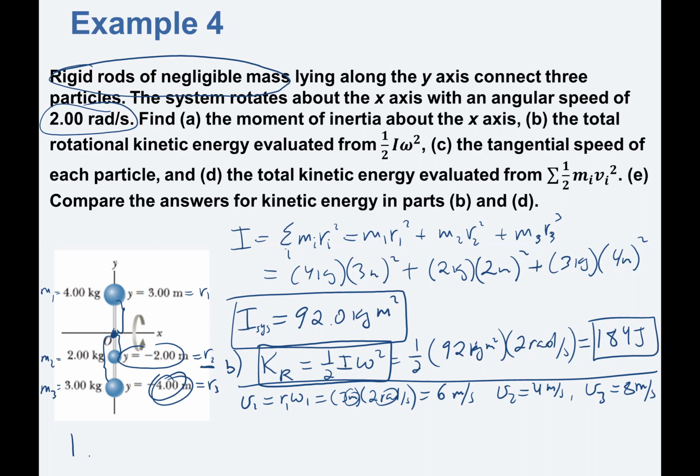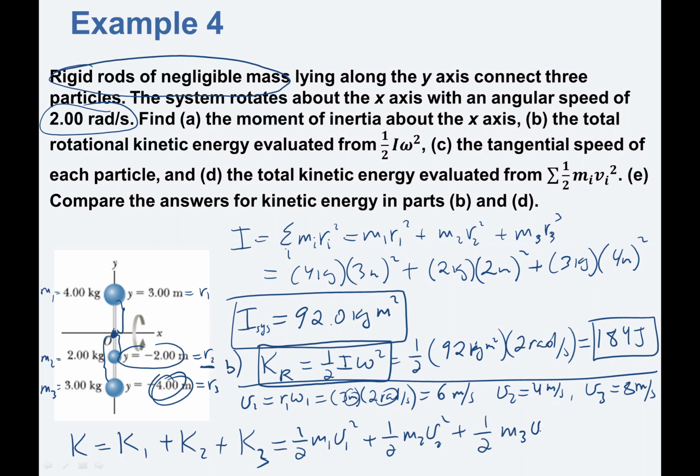But I can also calculate by finding the kinetic energy of 1, adding it to the kinetic energy of 2, and the kinetic energy of 3, and finding the total kinetic energy, which is just 1/2 m1v1 squared plus 1/2 m2v2 squared plus 1/2 m3v3 squared. If you do that, you're going to get the same thing, which is 184 joules.